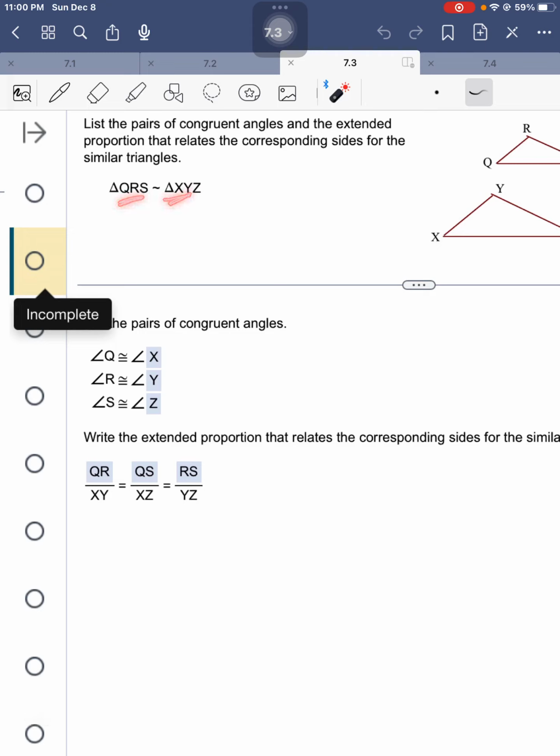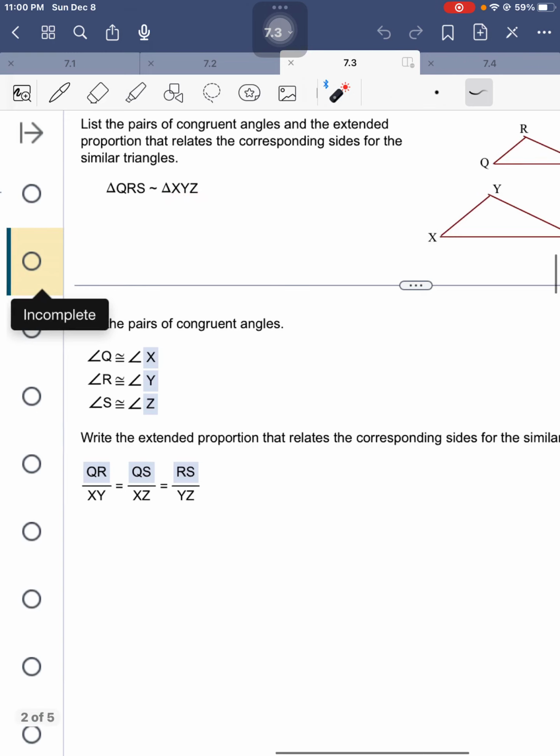Okay, and now the extended proportion. What is one side length of the triangle to the other side length of the triangle? Well, I know QR is to XY. That has to be equal to the proportion of RS to YZ. I don't know why they didn't do it in order, which is fine.